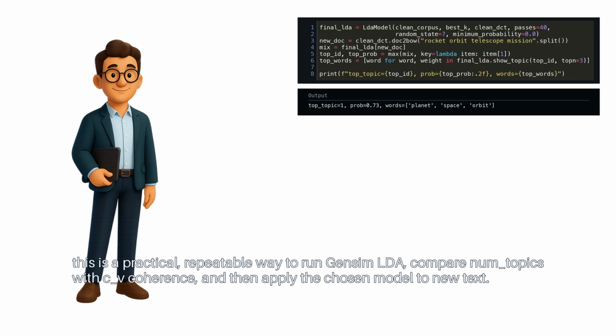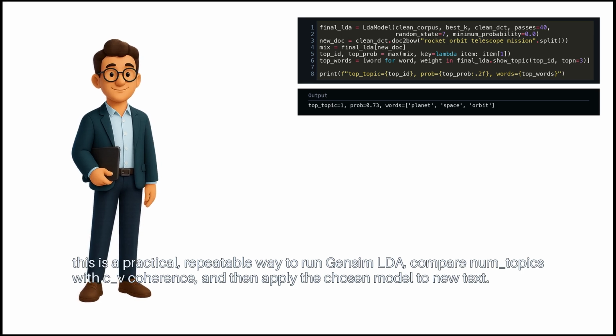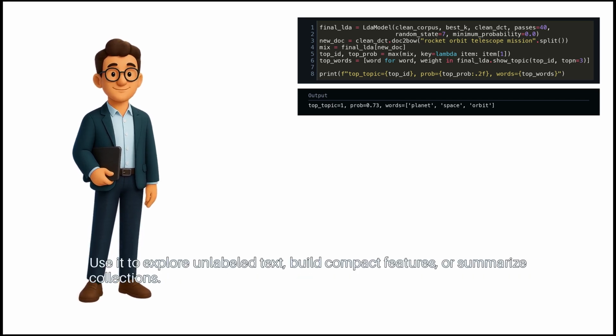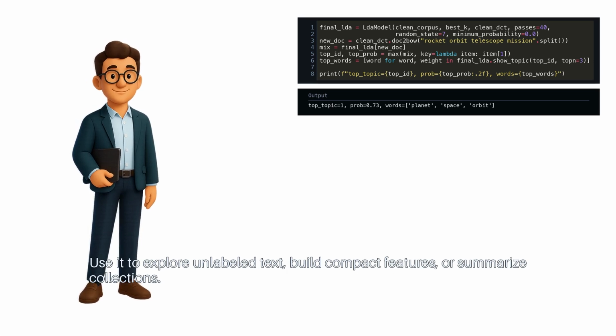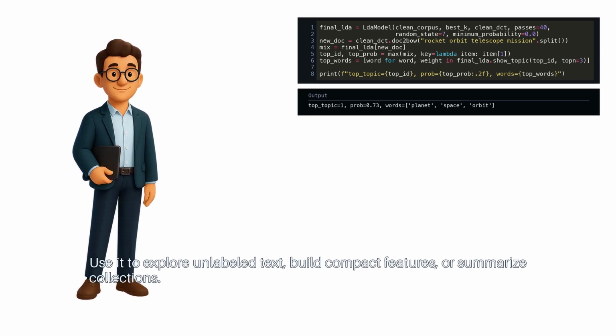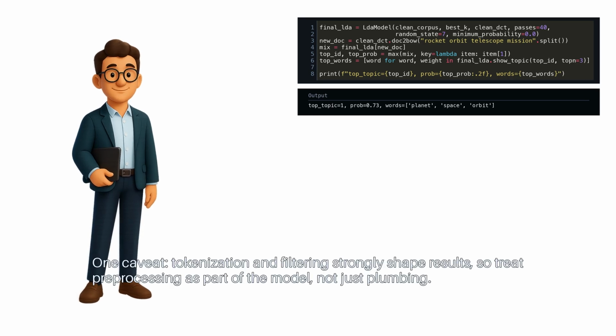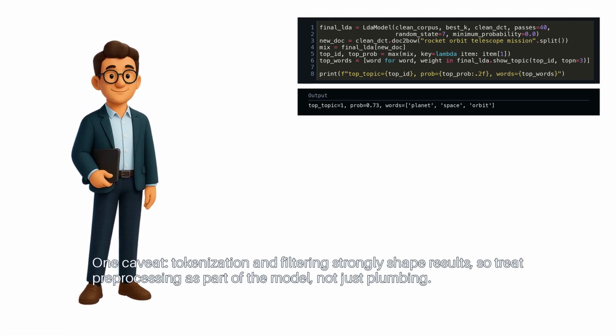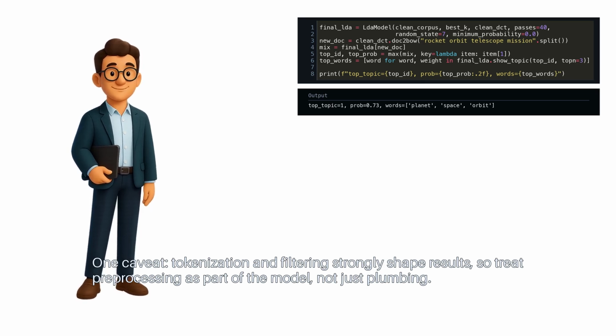In short, this is a practical, repeatable way to run Gensim LDA, compare num_topics with c_v coherence, and then apply the chosen model to new text. Use it to explore unlabeled text, build compact features, or summarize collections. One caveat: tokenization and filtering strongly shape results. So treat pre-processing as part of the model, not just plumbing.